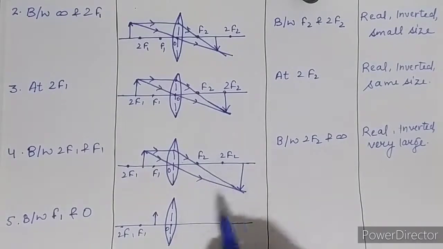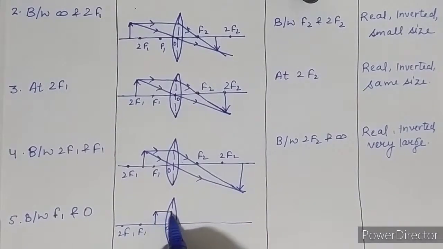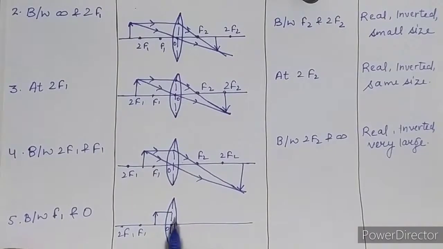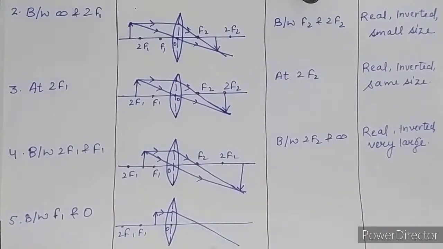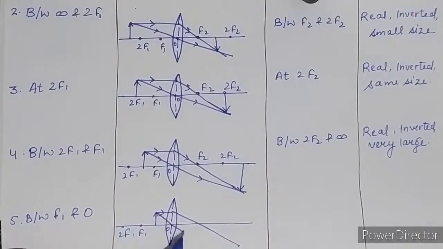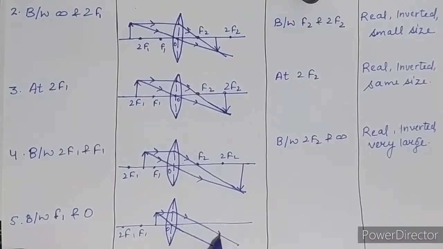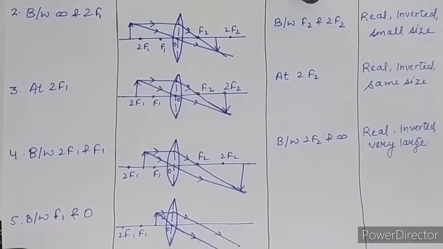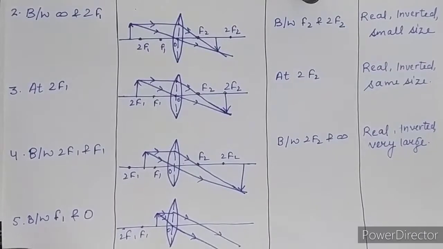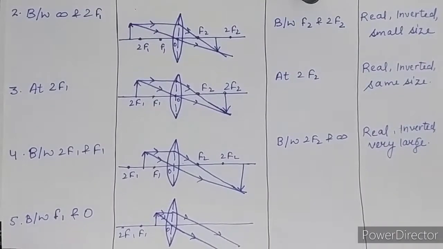First, the ray coming parallel will pass through the focus. Second, a ray will pass through the optical center. Then you see that both the rays are going parallel, so the image has been formed at infinite.